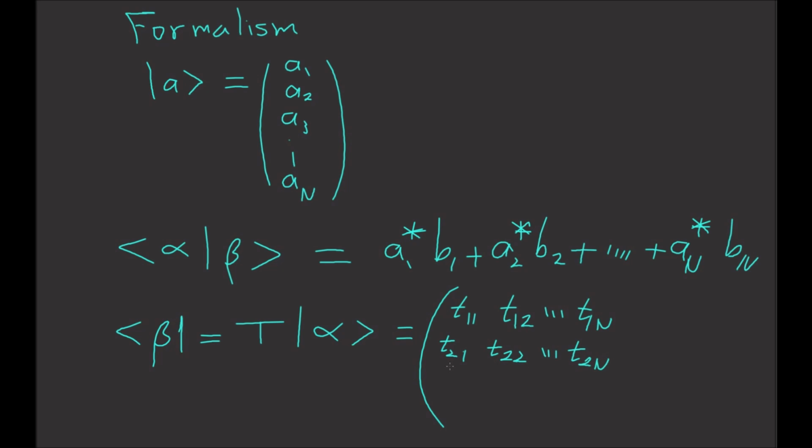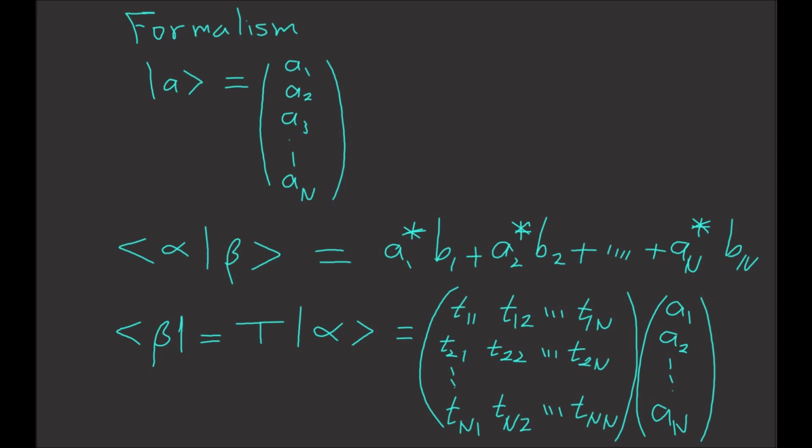Then here we go down all the way to Tn1, Tn2, all the way to Tnn. So this is an n times n dimension matrix times the vector alpha, which is A1, A2, all the way to A sub n. The product of those is this bra over here.